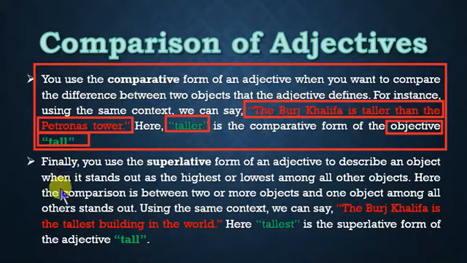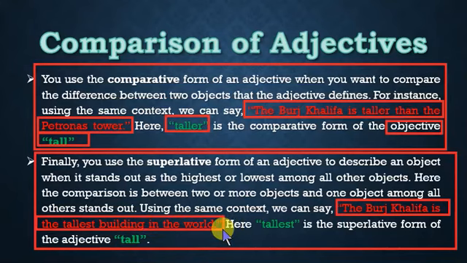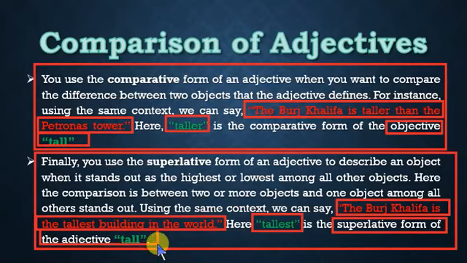It means you use the superlative form of an adjective to describe an object when it stands out as the highest or the lowest among all other objects. Here, the comparison is between two or more objects and one object among all others stands out. Using the same context, we can say that the Burj Khalifa is the tallest building in the world. Here, tallest is the superlative form of the adjective tall. So next we will move to the next slide.